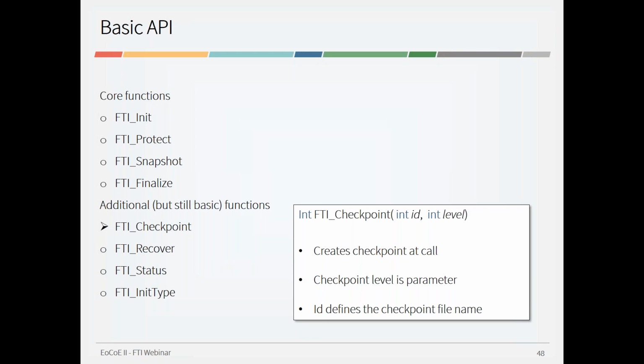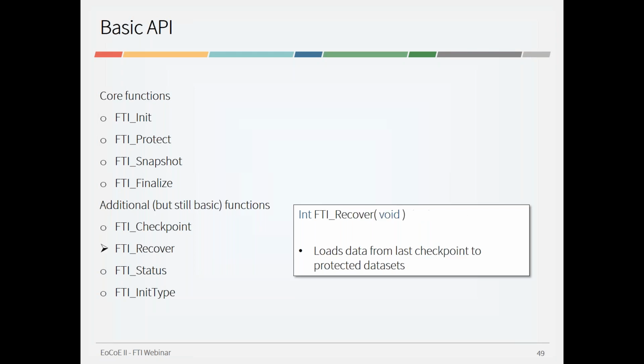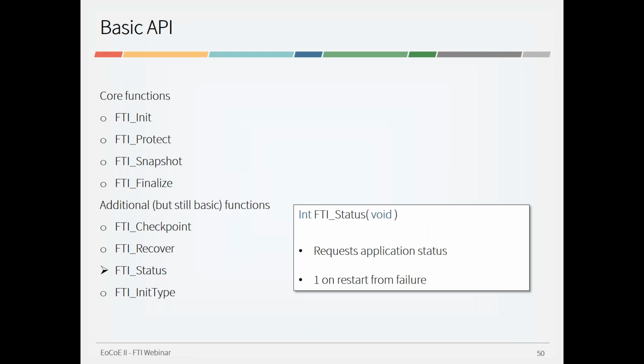When you want more control, or when you want to really checkpoint on an iteration basis, you can also use the functions checkpoint, recover, and status. Checkpoint on call performs immediately a checkpoint of the desired level and ID. And this function status is a request of what do we have?